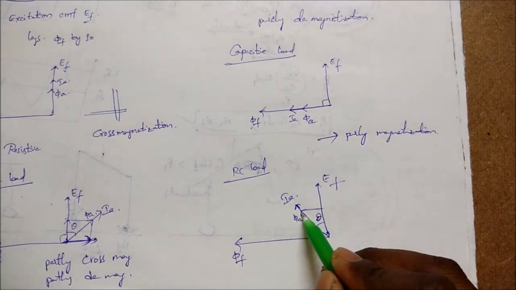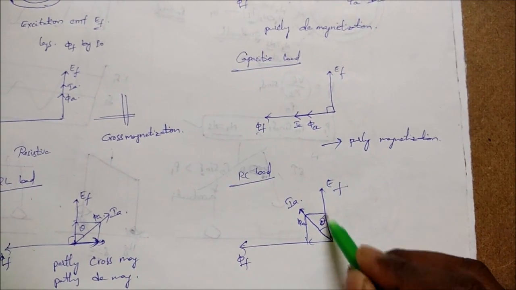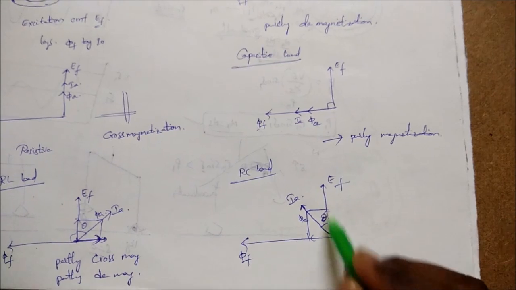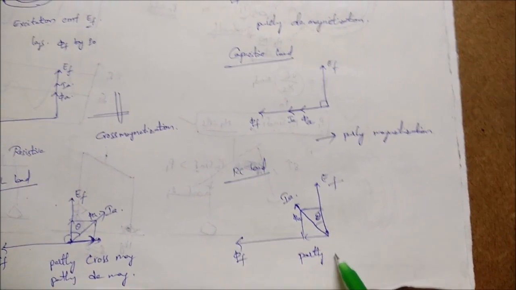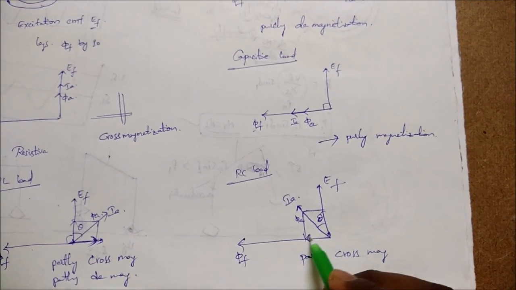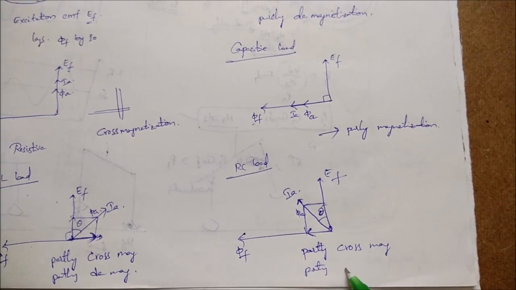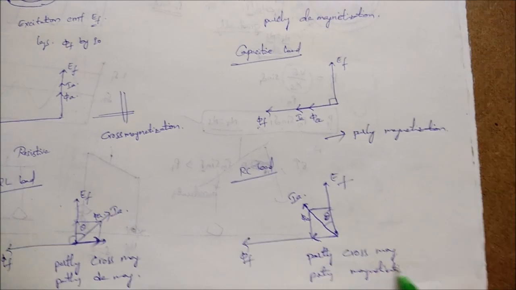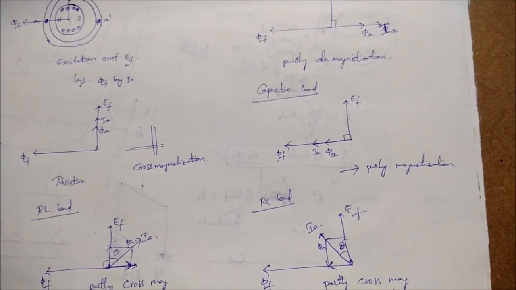If you resolve this into horizontal and vertical components, one component of phi A is in quadrature with phi F, that is cross magnetization. So the nature of armature reaction is partly cross magnetization, and one component is in the same direction as phi F, so it is partly magnetization. So this is about the armature reaction in an alternator.